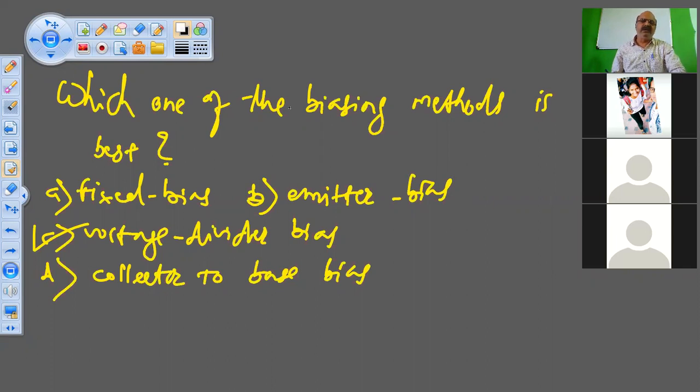The biasing method which gives minimum value of the stability factor is considered the best biasing method. So voltage divider bias method gives you the minimum value of the stability factor, and that's why it is considered the best biasing method. Correct?